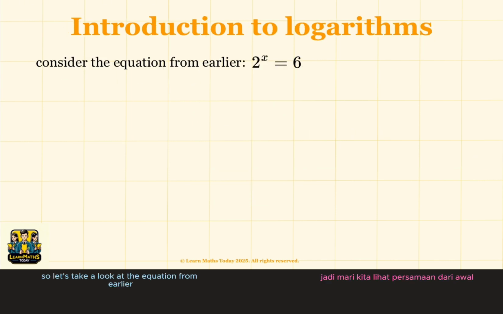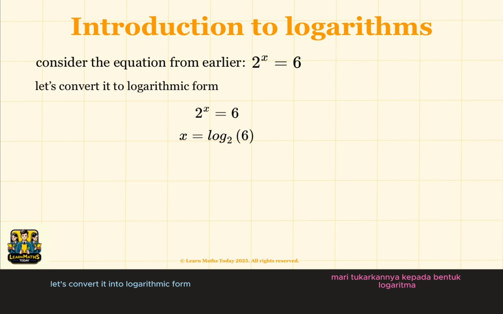So let's take a look at the equation from earlier, which we took a look at before we learned about what are logarithms. So now let's see how we can solve for x using what we've learned. Let's convert it into logarithmic form. 2 to the power of x equals 6. Remember, your power becomes the subject, and your base here becomes the base of the logarithm.